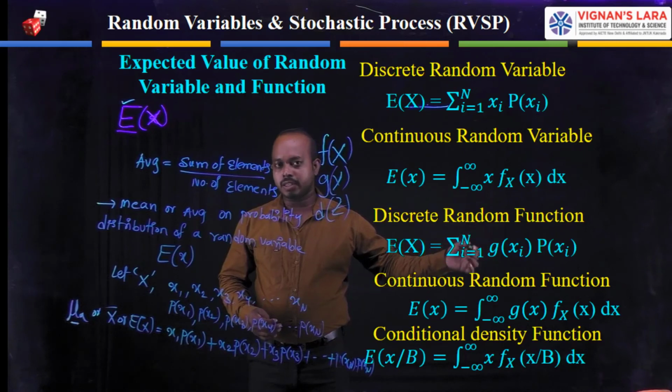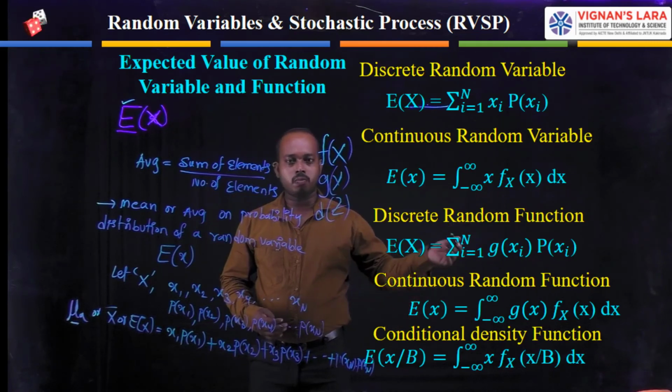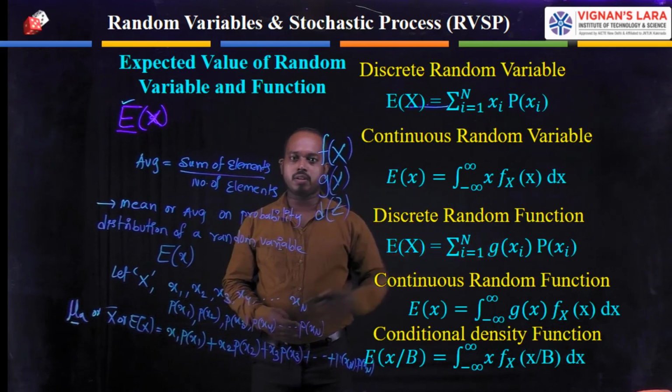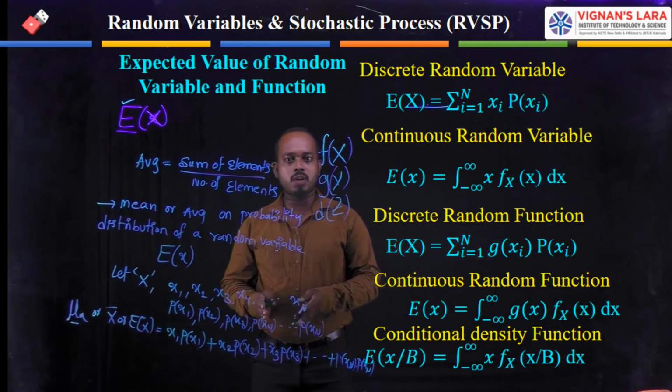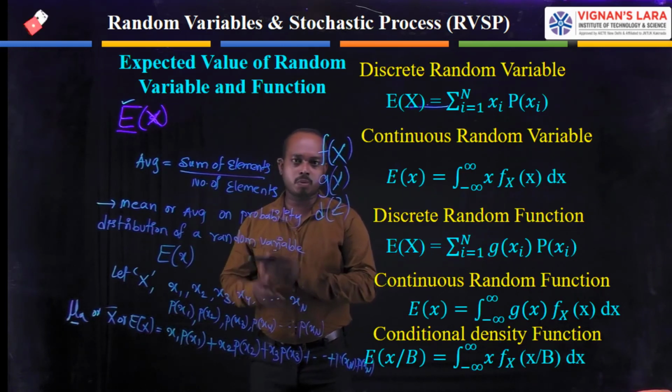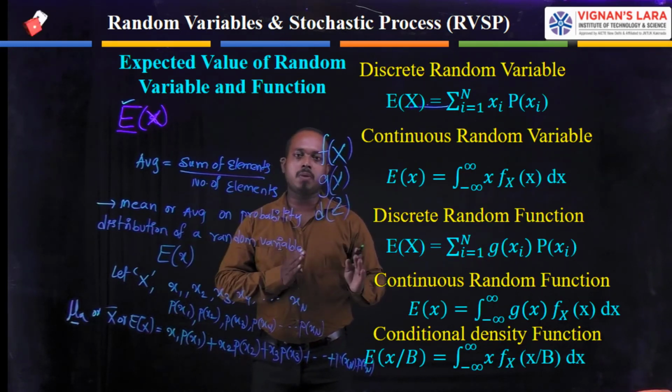Here g of xi represents the random variable function, into the corresponding probability. Whatever the probability is, you multiply that quantity. Either function or variable, it must have its corresponding probability. Those two quantities we multiply.